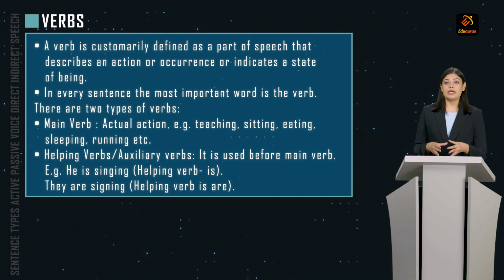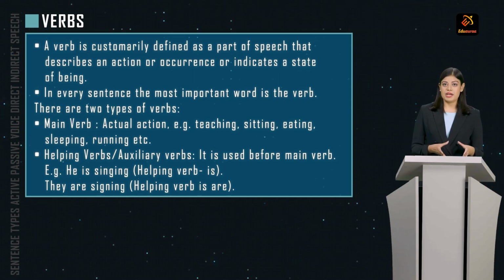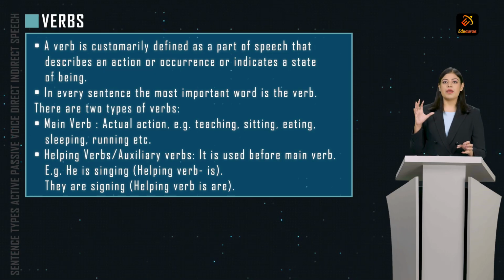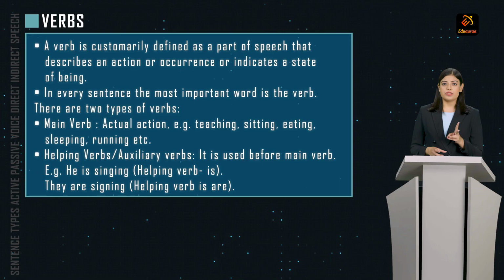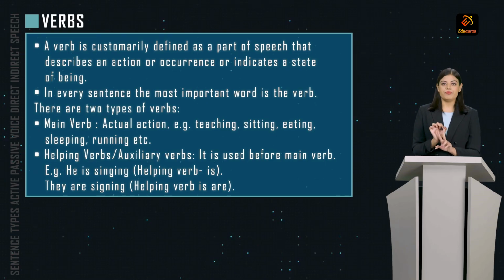So that is my main verb. My helping verb is the word is. Is coming before the main verb, and what is it doing? It is showing two things. Number one, it is showing the tense. Is is present tense.